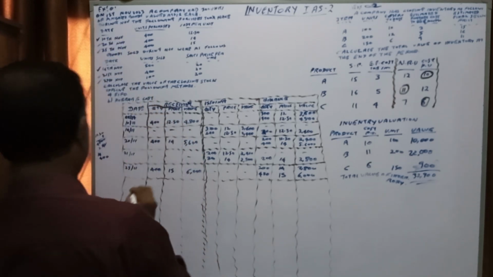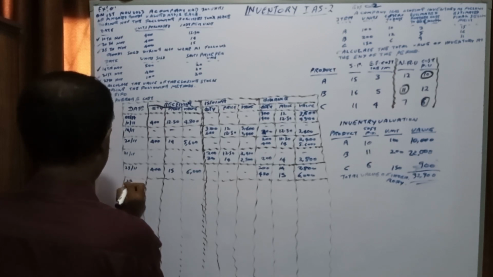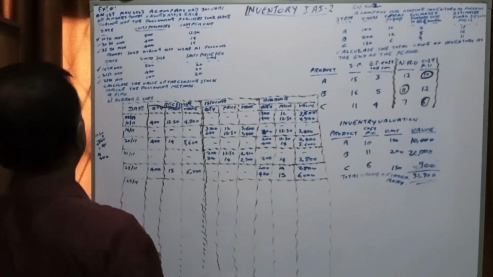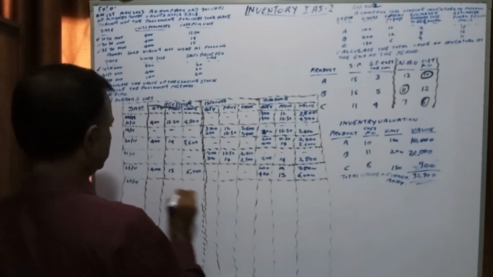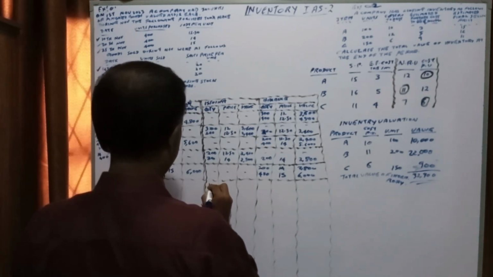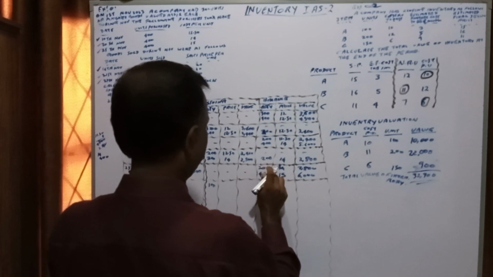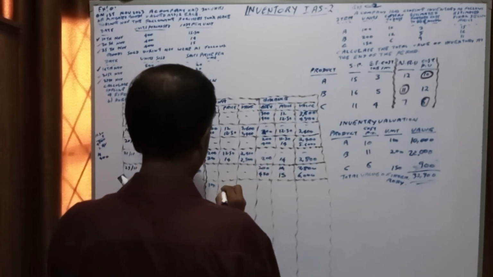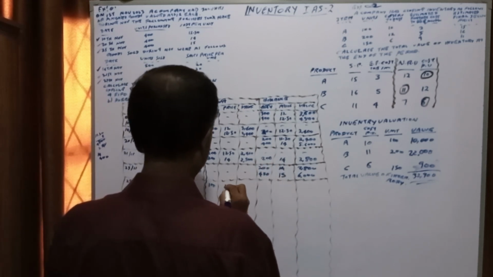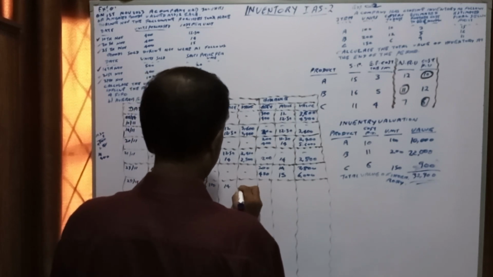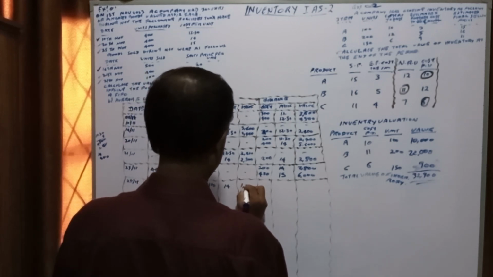Next one is 28th of November. We are selling 100 units. We are taking from the 200 units, 100 units at the rate of 14 rupees. That means 1,400.